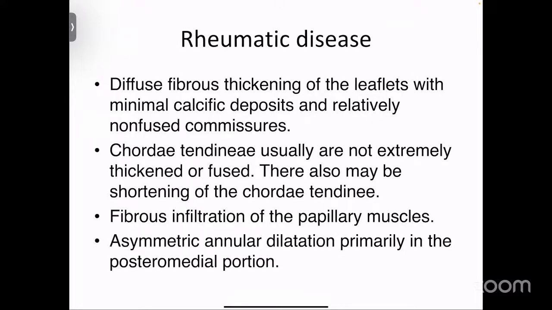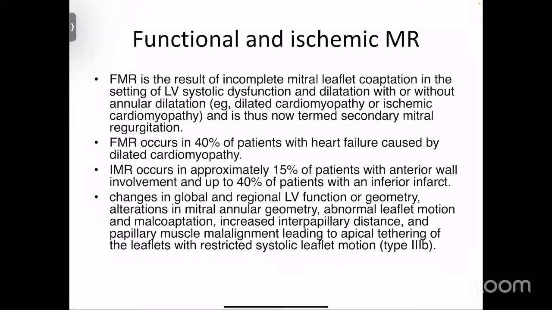Because of the interdependence of the elements constituting the valvular ventricular complex in ischemic MR, disruption of any component, such as LV geometry or annular geometry, can result in mitral regurgitation.